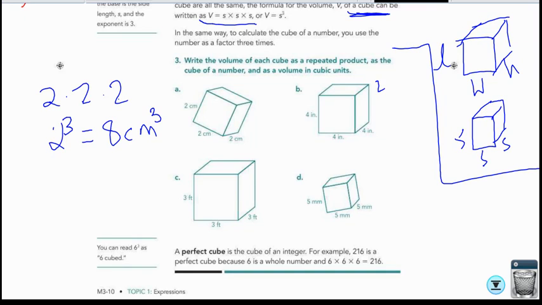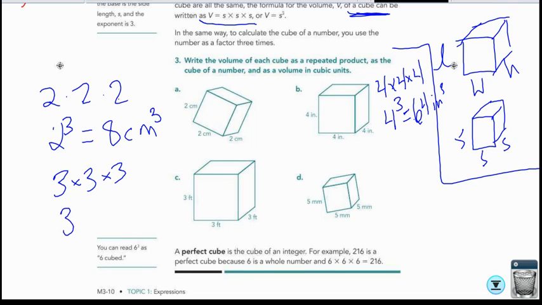B would be 4 times 4 times 4, which is the same as 4 to the power of 3, which is equal to 4 times 4 is 16, and 16 times 4 is 64 inches cubed. C would be 3 times 3 times 3, which is 3 to the power of 3, or 3 cubed, which would be equal to 3 times 3 is 9, 9 times 3 is 27 feet cubed.